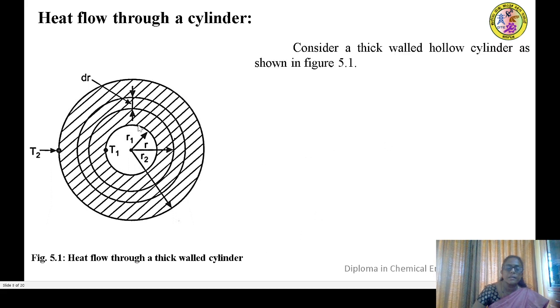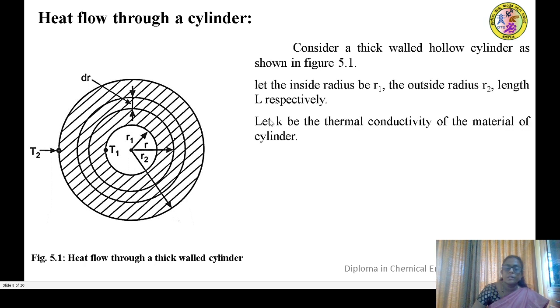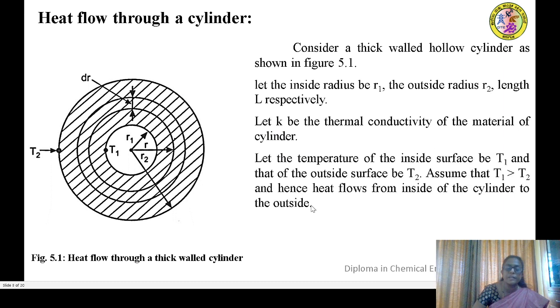As I said already, we have considered a thick walled cylinder of inside radius R1 and outside radius R2. And we have assumed L to be the length of the cylinder. Also let K be the thermal conductivity of the material of which the cylinder is made. Let the temperature of the inside surface be T1 and that of the outside surface be T2. Assume that T1 is greater than T2 and hence heat flows from inside of the cylinder to the outside.